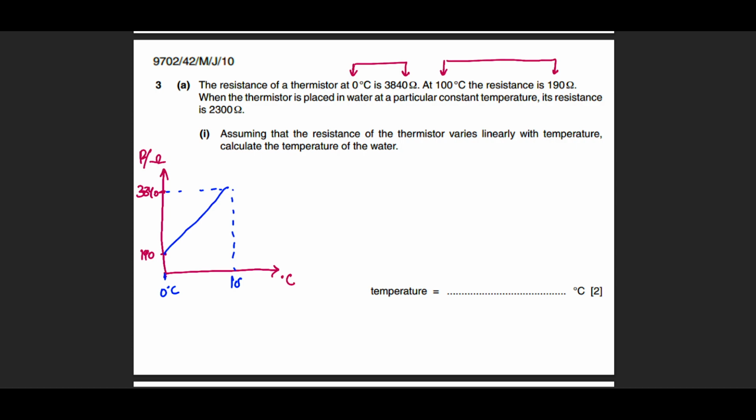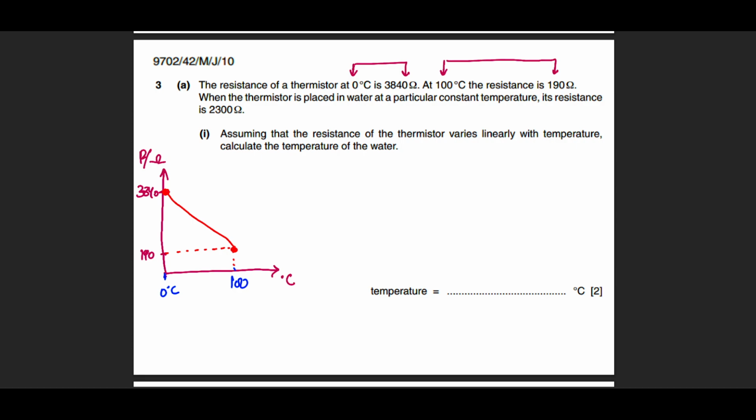So this is our 100 degree centigrade point. Sorry, there's a bit of a mistake over here. Actually, at 0 degrees centigrade, it is supposed to be at this point, and at 100, it is supposed to be at this point. So the graph is going to have a negative gradient like this one.